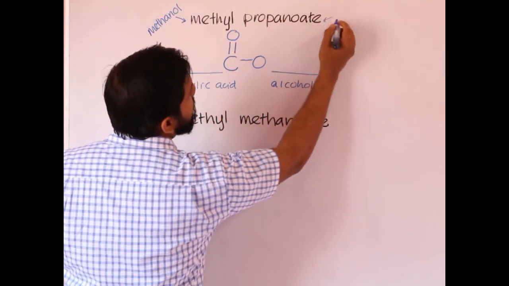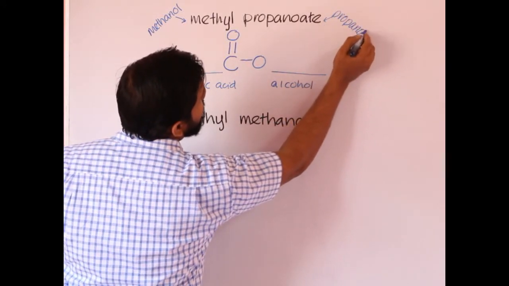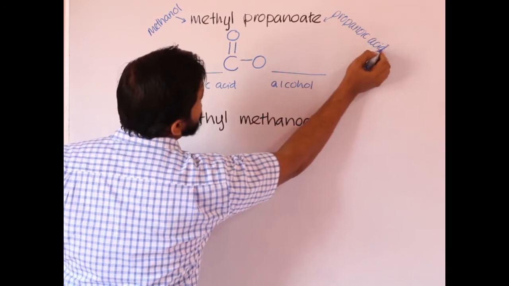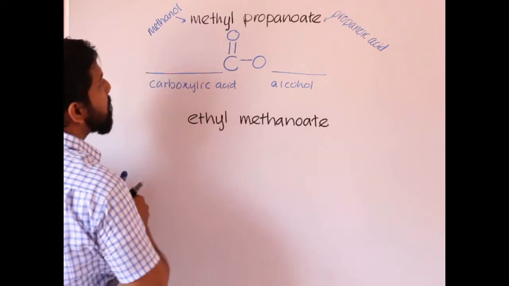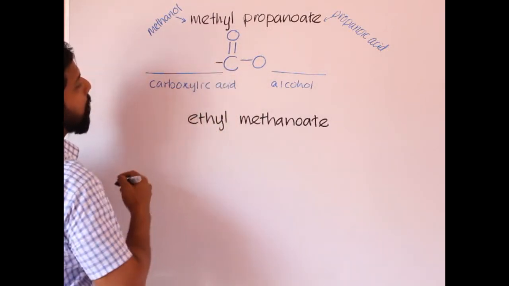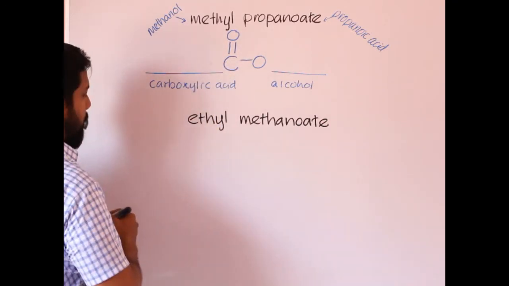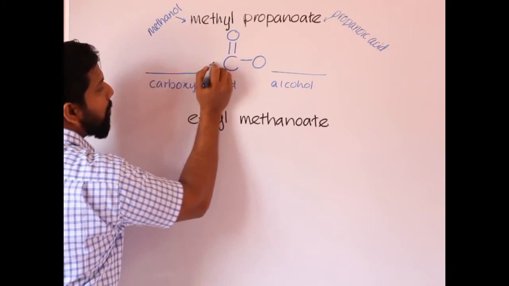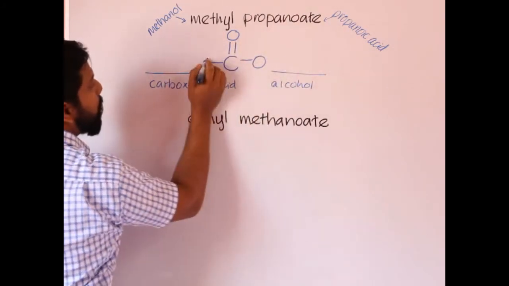Propanoate means it should be propanoic acid. Therefore, now you know this side is going to have 3 carbon atoms because propanoic.